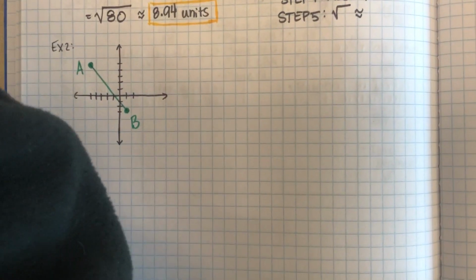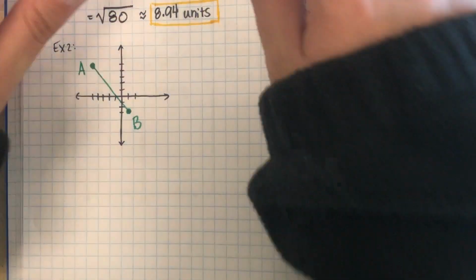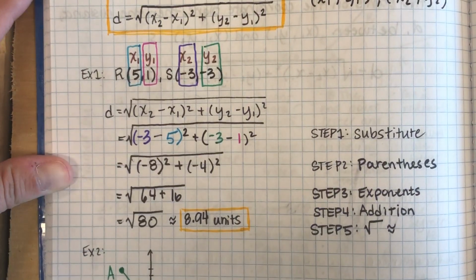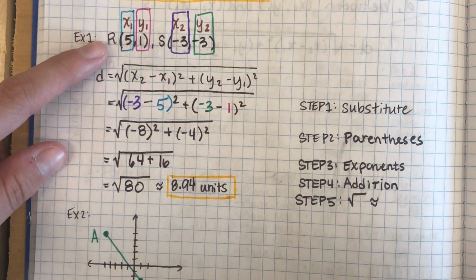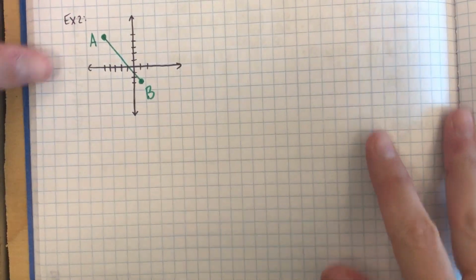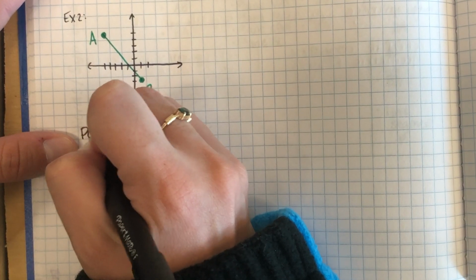Okay, so our first thing that we need to do here is to make sure we identify our points. Because if we look up at our first example, we can't do anything until we have our points. So, talking about our points here, we have our points.